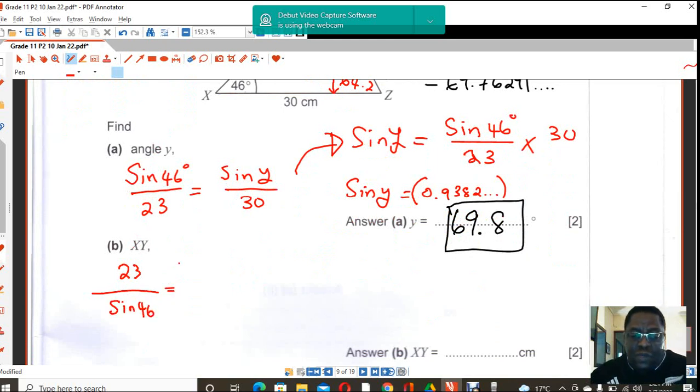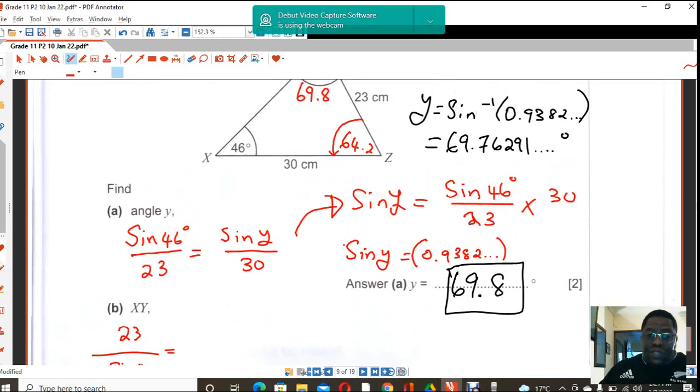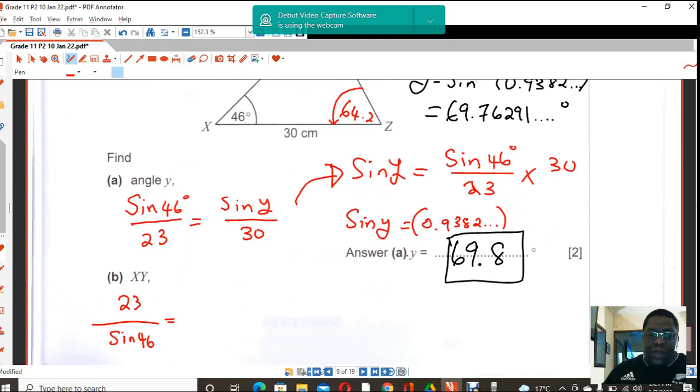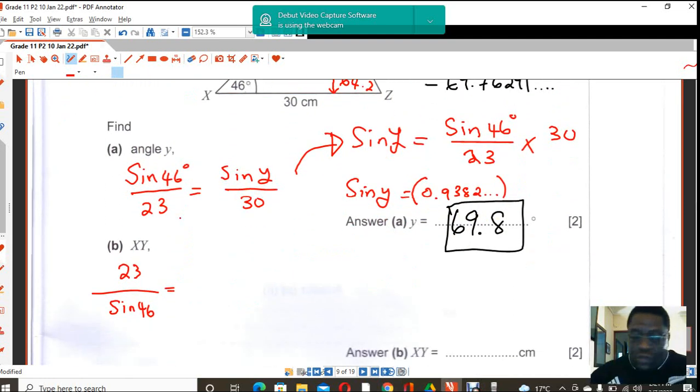It doesn't really matter which one you put on top, because you're going to cross multiply anyway. So 23 over sine 46 equals xy over the sine of 64.2.